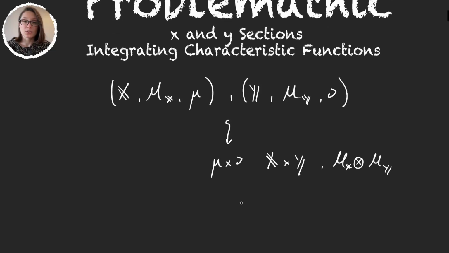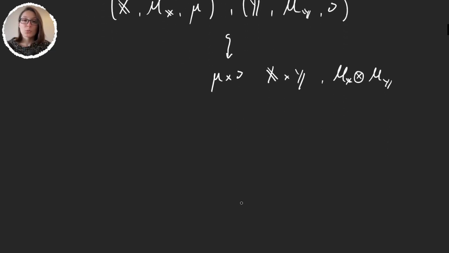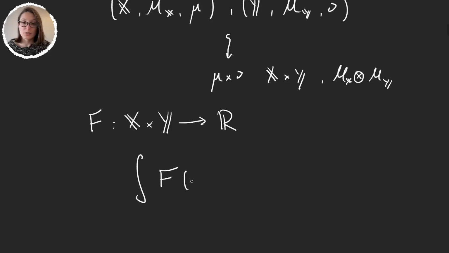Now, as I said in the introduction, our objective is to integrate now with respect to this measure. What do I mean by this? Well, if I define some function, let's say f, from our product space to the real numbers, then what we want to do is try to calculate this integral of f, but now, because f is defined in a product space, this integral will be an integral of two variables with respect to the product measure.